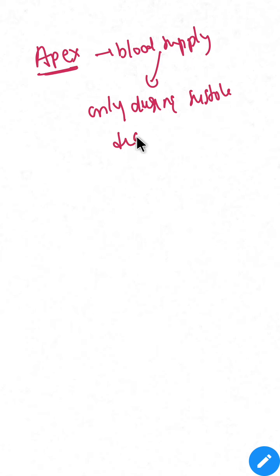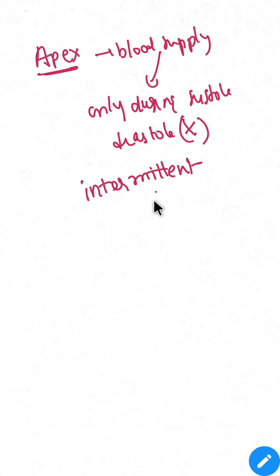During diastole, there will not be any blood supply. So this circulation is intermittent circulation. This is about zone 2.